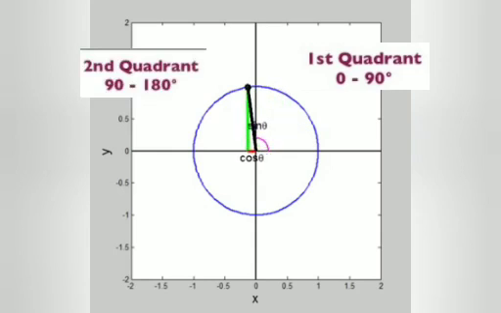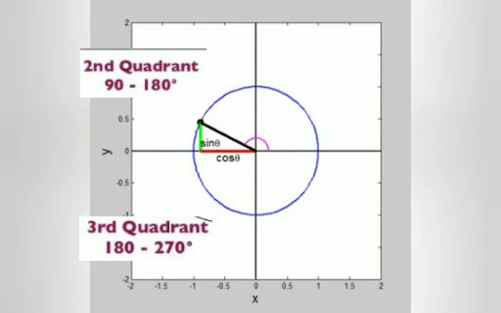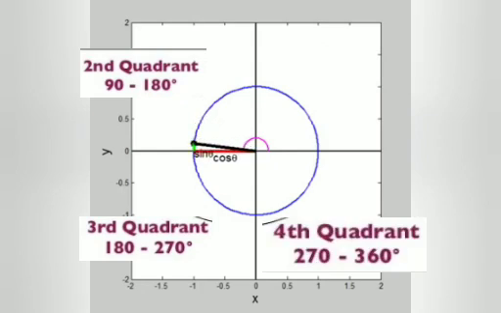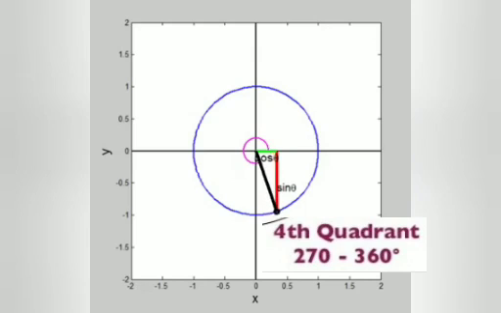Then, in second quadrant, the sine function decreases, and the cosine function also decreases. In quadrant third, the sine function decreases and the cosine function increases as it moves towards positive direction. In fourth quadrant, the sine function increases as it moves towards positive direction and the cosine function also increases.